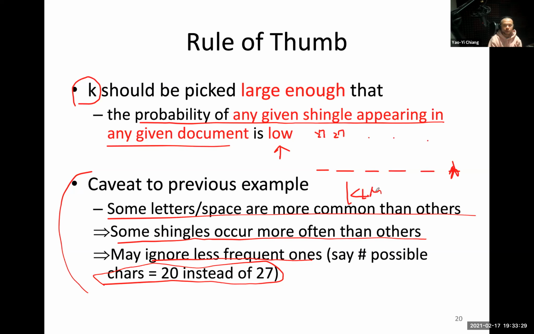But in reality, when you look at emails, you don't really have something like X, Y, X, Z, C, right? It's just highly unlikely. So you can remove this from your calculation. That means you ignore them, and your number of shingles might be just 20 choices times 20 choices, and so on. So it's much smaller than 14 million.